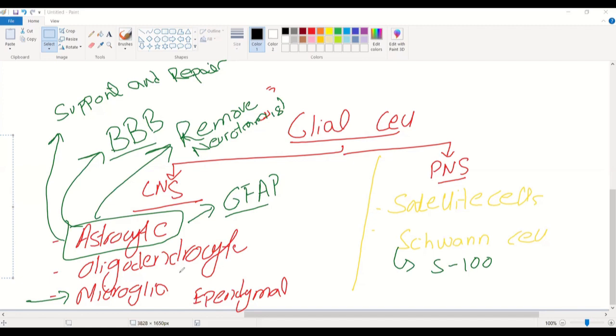Microglia are mesodermal in origin, high yield, and these are the CNS phagocytes.